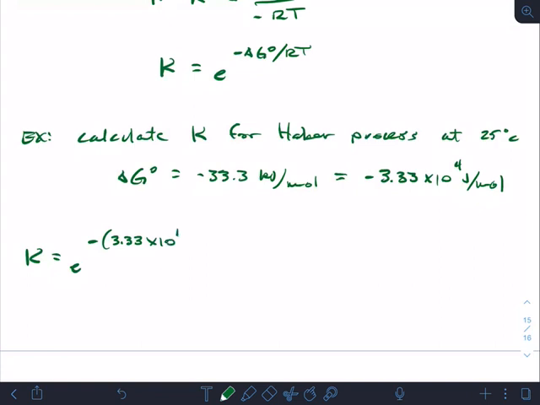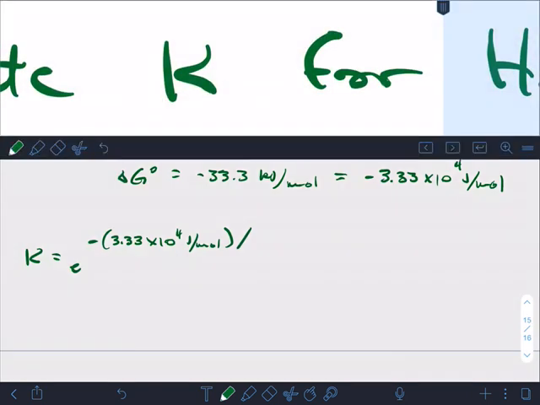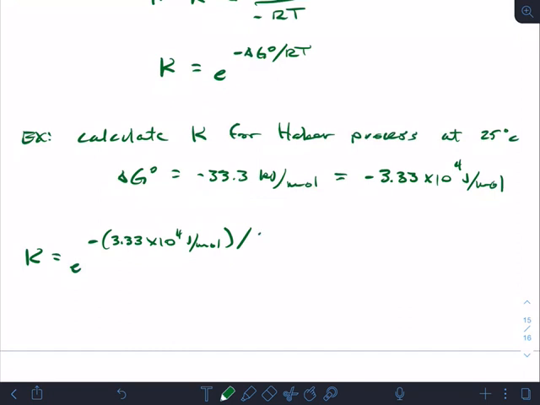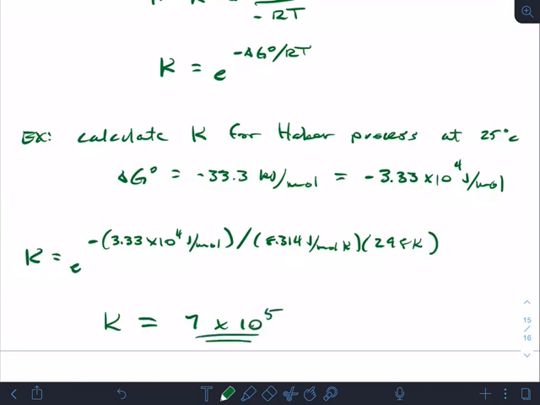Now all I have to do is plug the delta G, the R, and the T straight into the equation. K equals e to the negative negative 3.33 times 10 to the 4 joules per mole divided by 8.314 joules per mole K times 298 K. And we find that K equals 7 times 10 to the 5. Not a particularly large value for K, but that's what we've got.